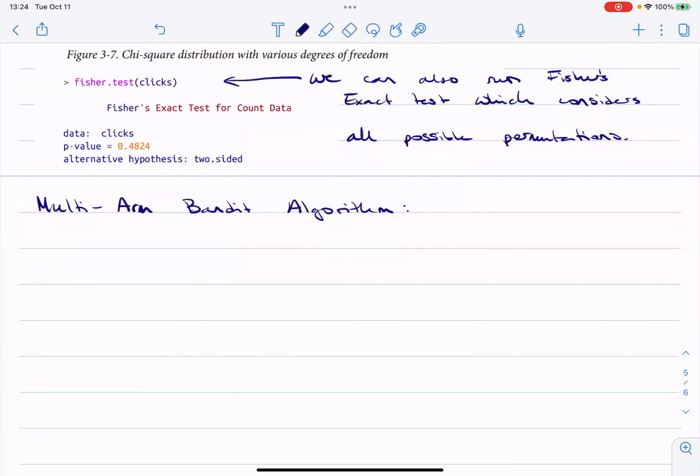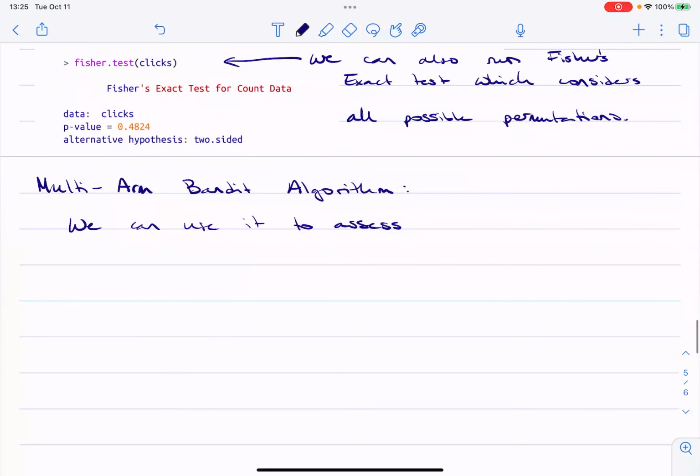And so we can use it, because I don't want to write multi-arm bandit again, to assess multiple treatments to help us pick the best one.